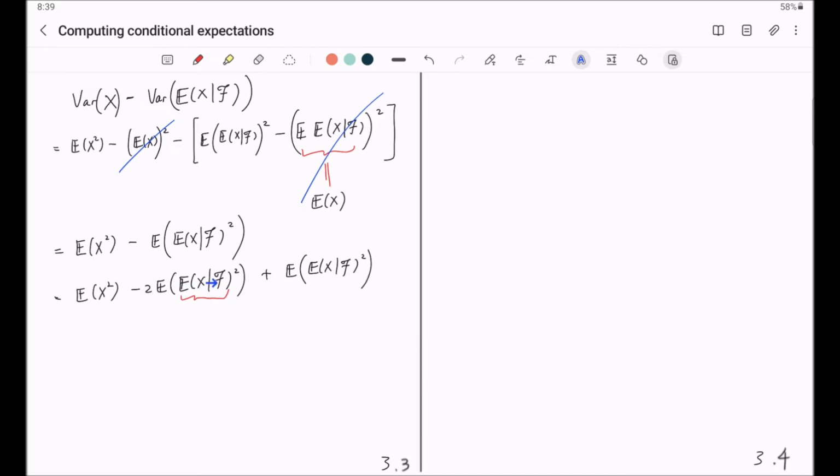So we can insert E of X given F into another E of X given F. You might be confused about what I'm talking about. Let me show you. I claim that this part is actually equal to E of X times E of X given F, given F.